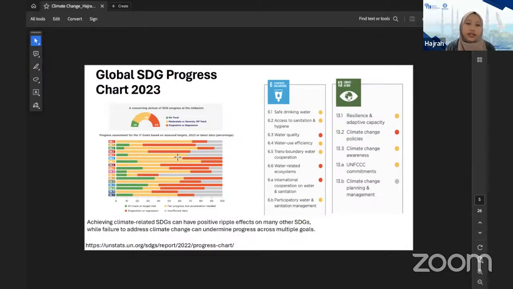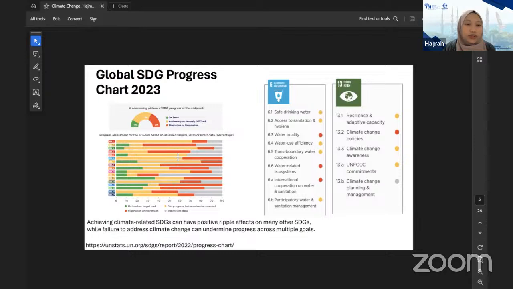The yellow color shows fair progress but needs acceleration. The red one shows stagnation, and the gray one describes that there is insufficient data to describe the progress. If you can see here, starting from goal number 1, we are still in fair progress but need acceleration.